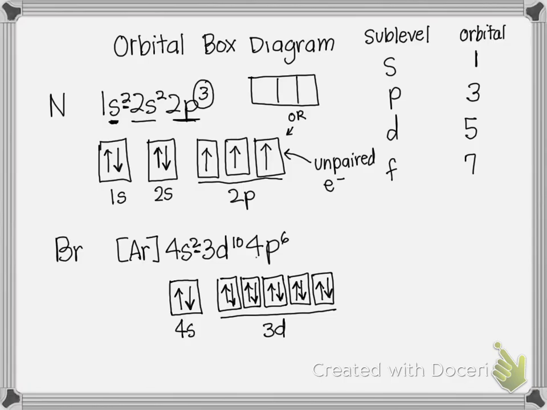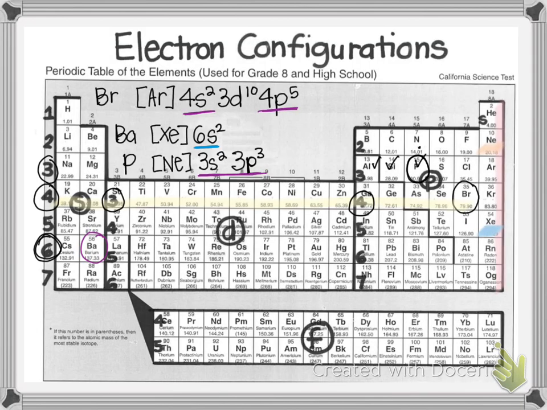And then 4p, so P has 3 orbitals, so we're going to draw 3 boxes. So these are my 4p's, and it has not 6, it has 5. I hope you caught that too. Sorry. I'll show you if we look back here.